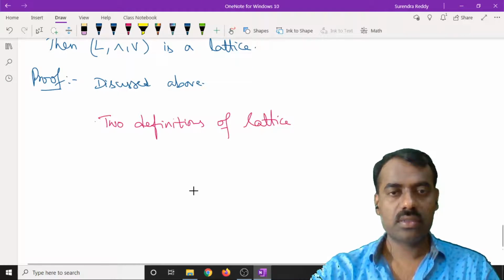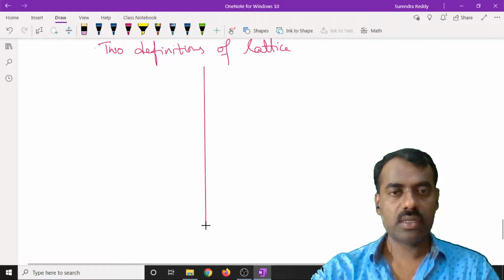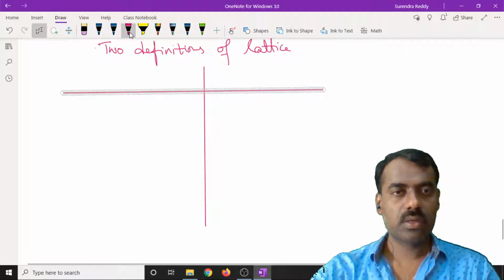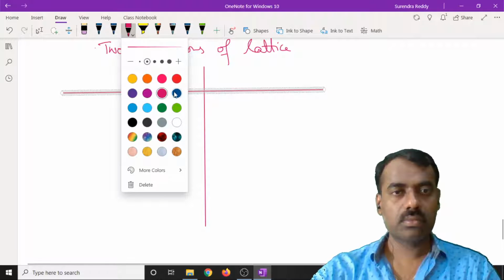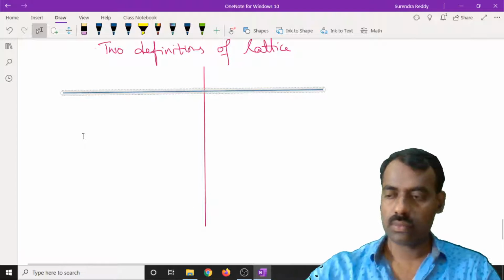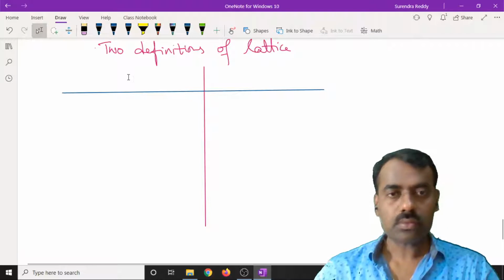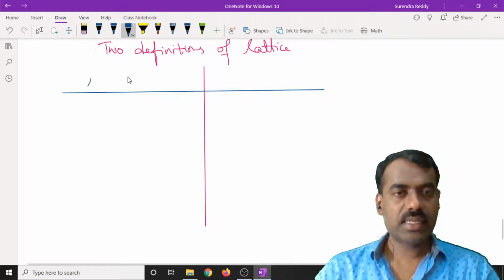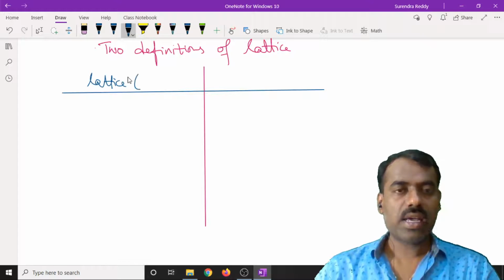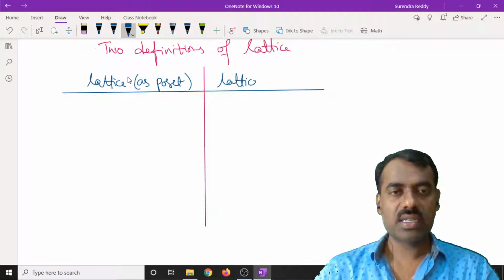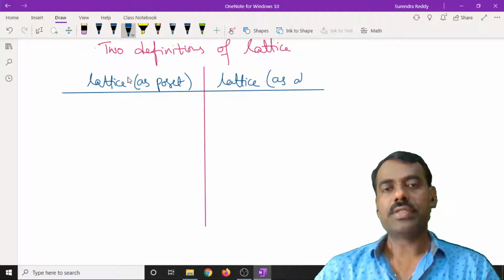So here we'll write lattice as a poset, and we'll see lattice as an algebra.